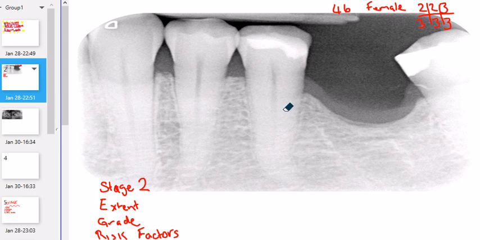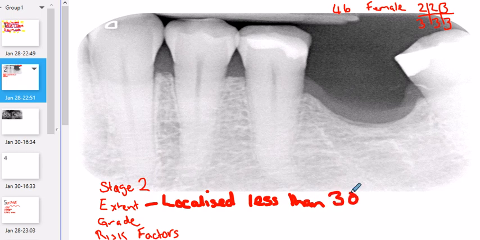Therefore, less than 30% of the teeth in the whole mouth are affected. It's not a molar incisor pattern, so it's localized. Stage 2, localized.